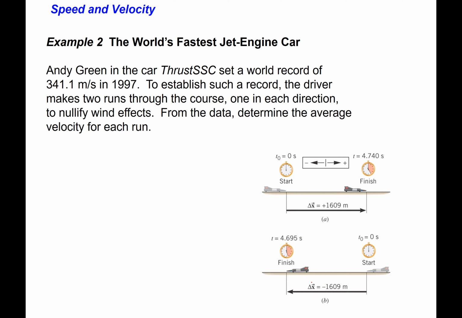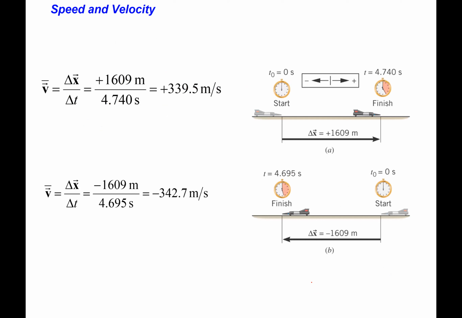So it's important that for velocity, we have to indicate the direction of the displacement vector. So when I solve for the velocity, moving toward the right, the velocity vector is positive. But moving toward the left, the velocity vector is negative.